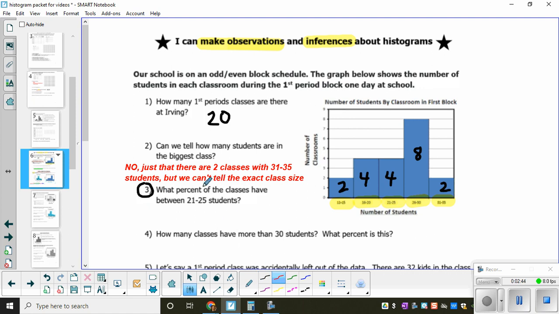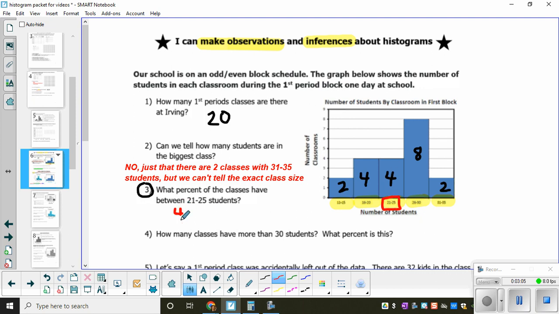Now, question number 3 is a newer type of question, where we're looking at what percent of classes fall in a certain category. And it's actually quite simple now that we already know there are 20 classes total. If I want to know what percent of the classes have between 21 and 25 students, I can come over here to the interval 21 to 25, and we've got 4 classes in that interval.